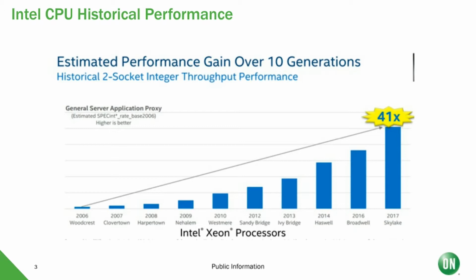With the digital technology and Intel's effort, and actually AMD's effort as well, to reduce their pitch to now, I believe, 7 nanometer, they're able to improve their performance exponentially. So compared to 2006, the Skylake CPU in 2017 has 41 times the performance. And that number is still going up.